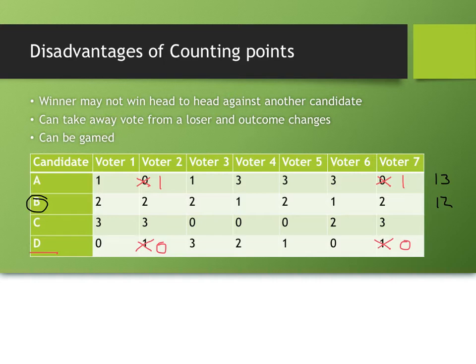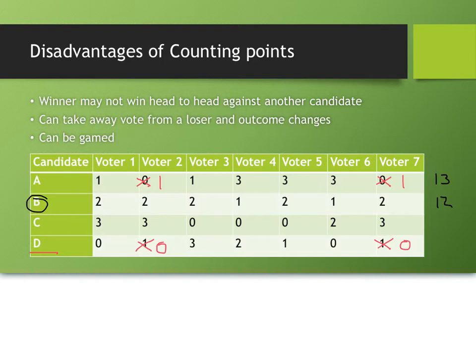And that sort of idea means that also the game can be kind of played. For instance, if I really like candidate C, and I know that B is going to come in close, so let me pretend that I'm voter number 1 here for a second.